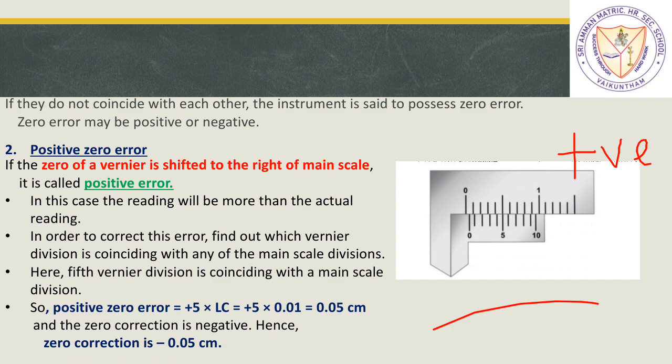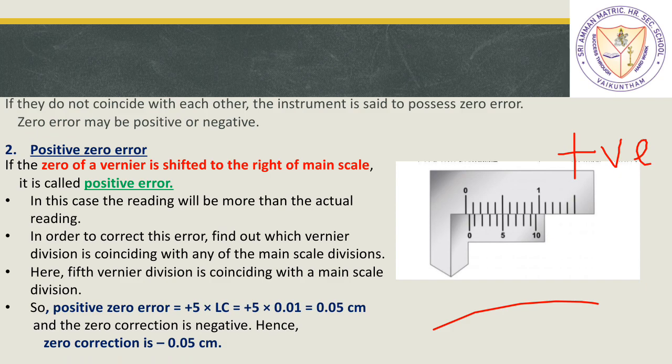In that case you have to find the coinciding division. Here it is 5. Since this is a positive error, you put plus 5 and then multiply it with the least count. That will give you the value of 0 error. Here it is plus 0.05 centimeter.